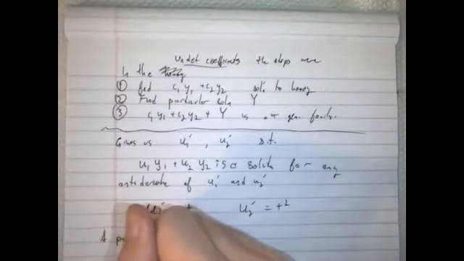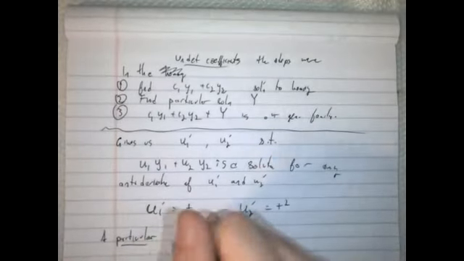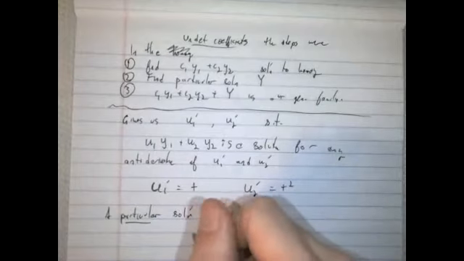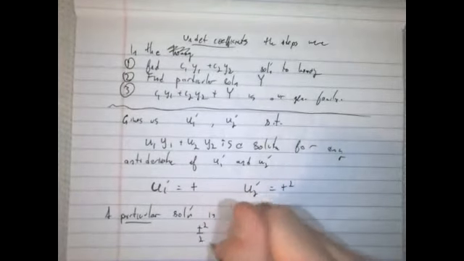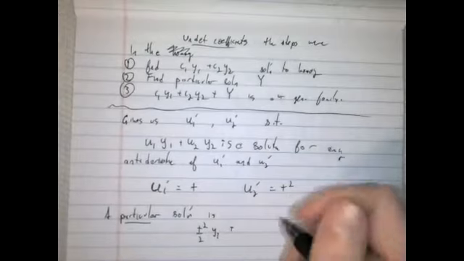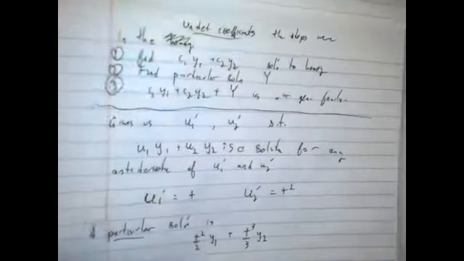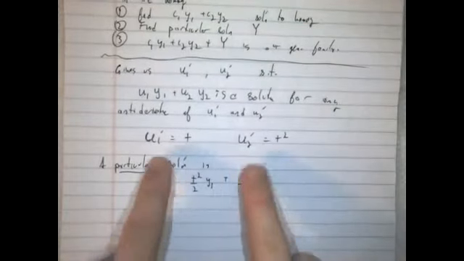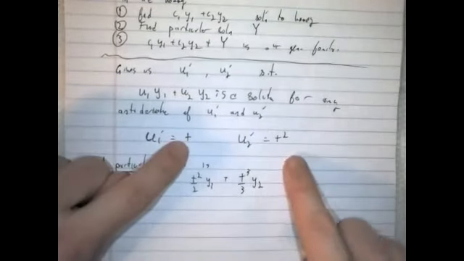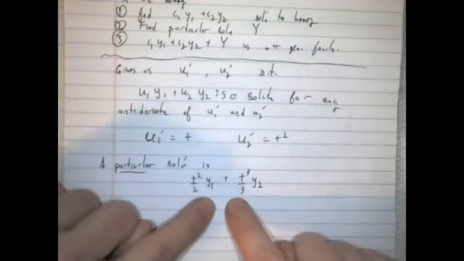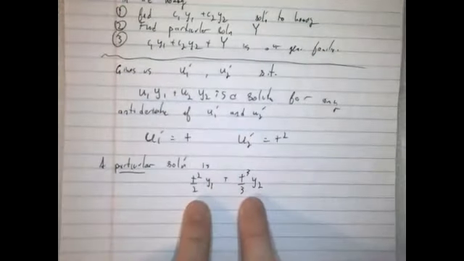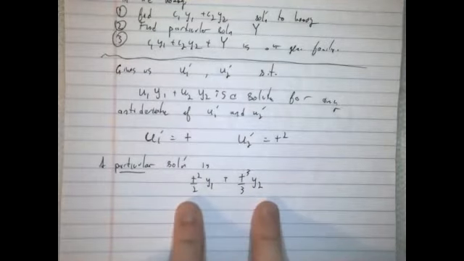Then a particular solution is t squared over 2 times y1 plus t cubed over 3 y2, right? I took one of the many antiderivatives of these two functions, and then I know that this is a particular solution. Do you agree with what I've said thus far?